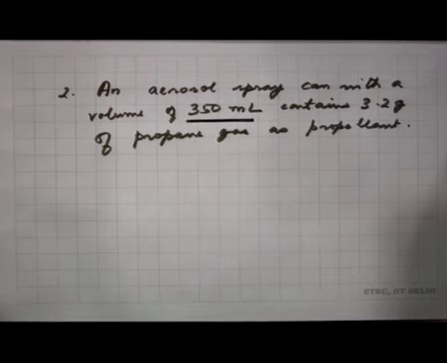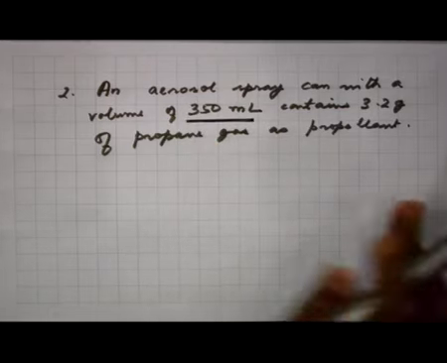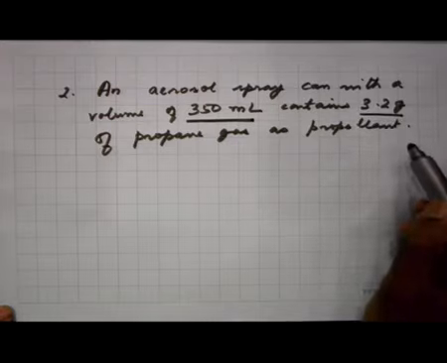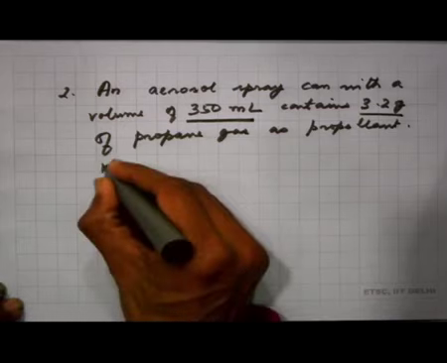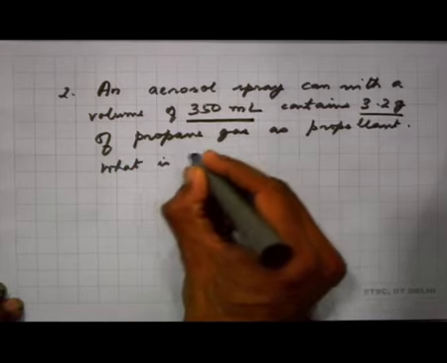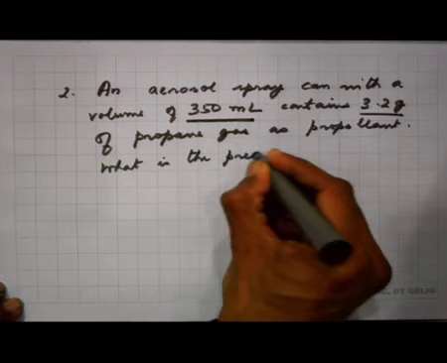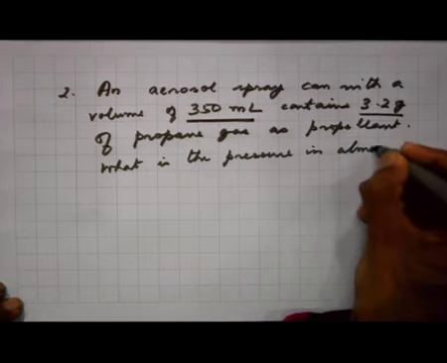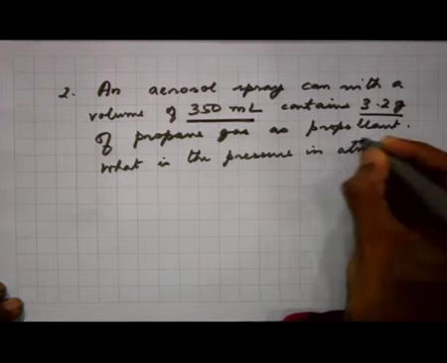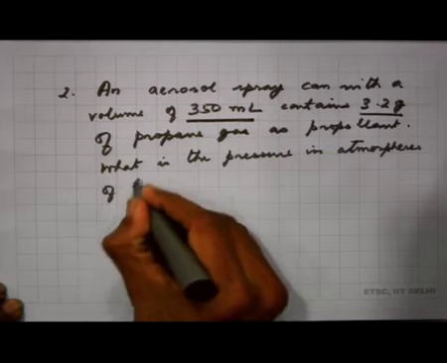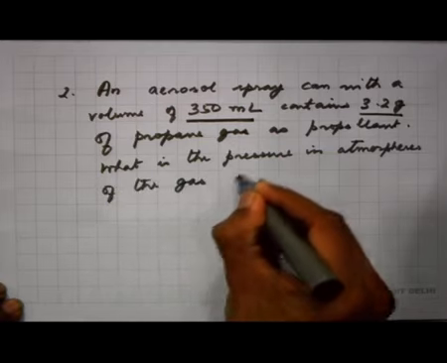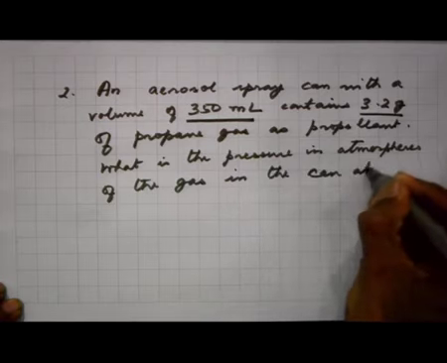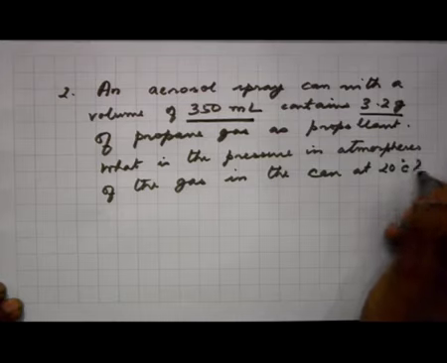So, this is the volume of the aerosol spray, and it contains 3.2 grams of propane gas, and we are asked what is the pressure in atmospheres of the gas in the can at 20 degrees Celsius.